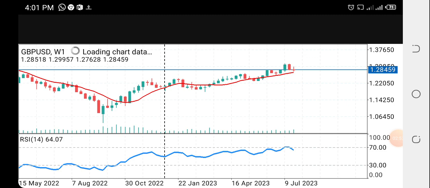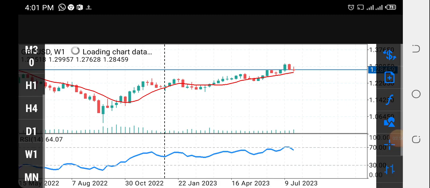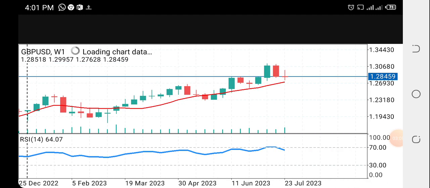So from a weekly perspective, we are seeing that the GBP is still trending, although the last weekly candle is showing a doji candle, sort of an indecision candle, indicating that there is a contention between the sellers and buyers.